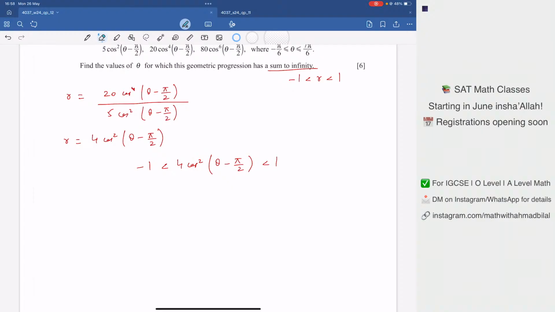Let me just divide by 4 on the other side first of all. Divide the whole inequality by 4 and see what we get from that. We get cos square of theta minus pi over 2 between minus 1 over 4 and plus 1 over 4. What I've done is I've divided the whole inequality by 4.